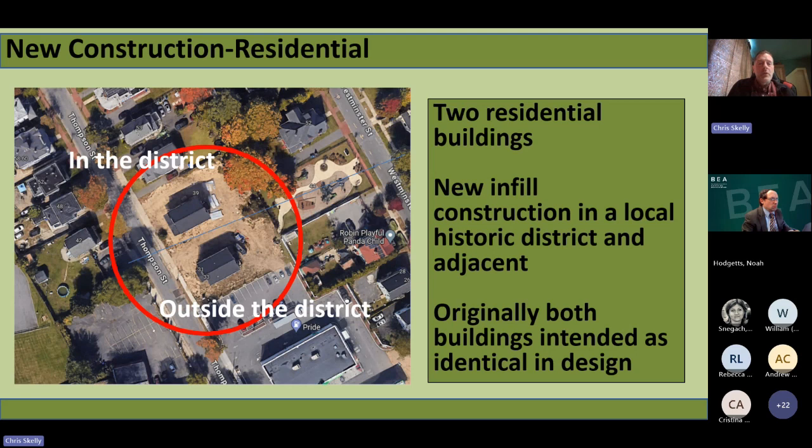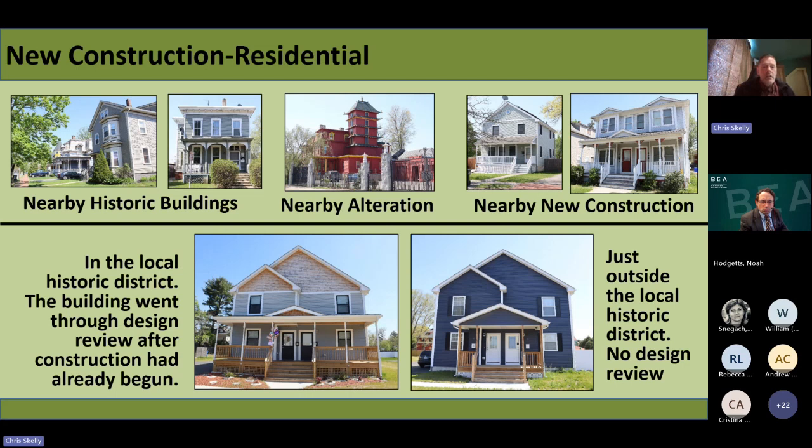Basically what happened was the building department accidentally gave a building permit for both of these buildings, even though one of them was supposed to have gone through design review and gotten their proper certificate in place before they got their building permit. So basically the line went right between these 2 buildings, and it looks like this.